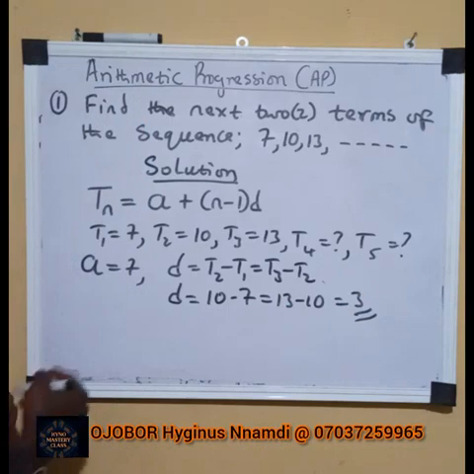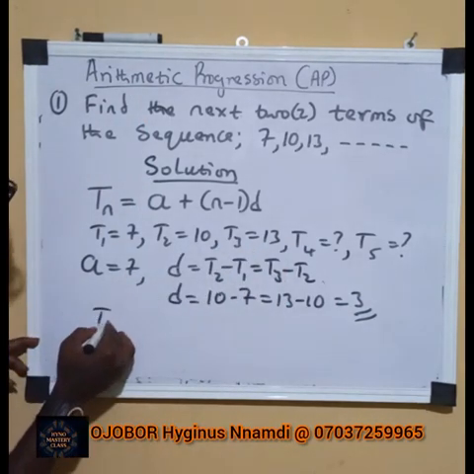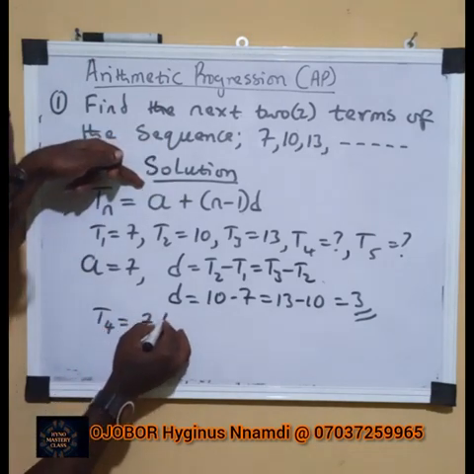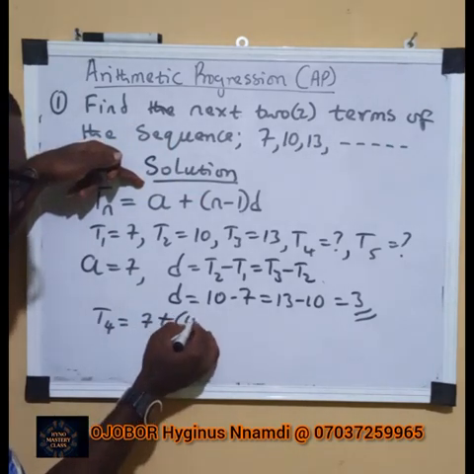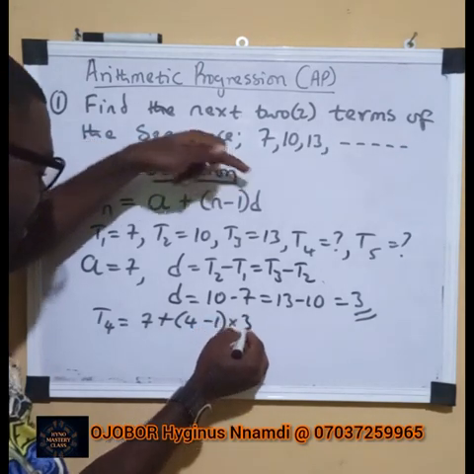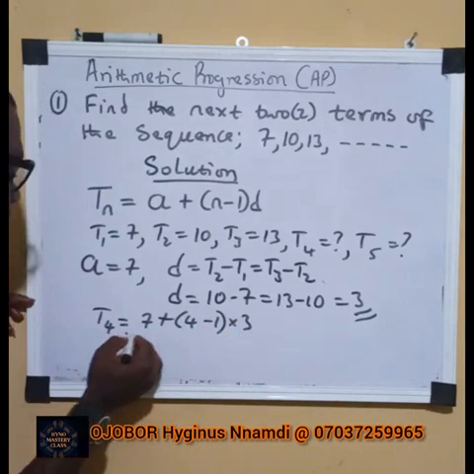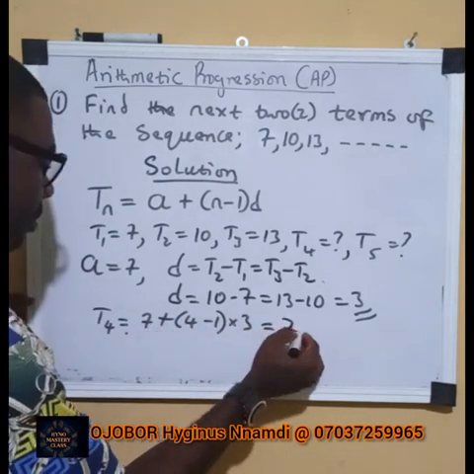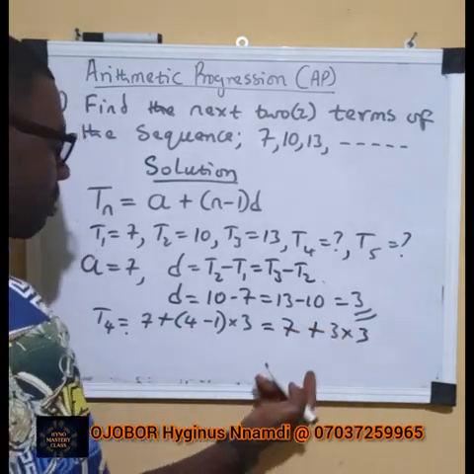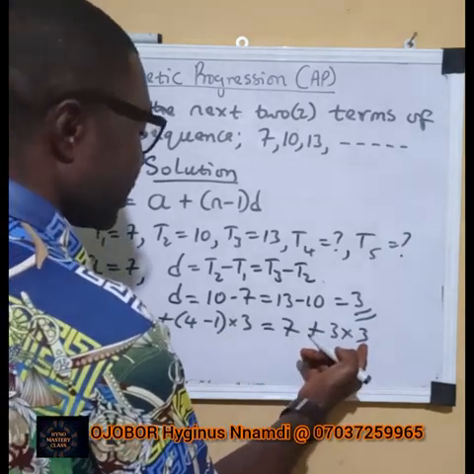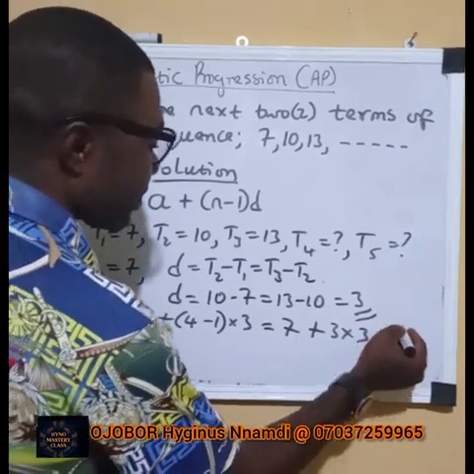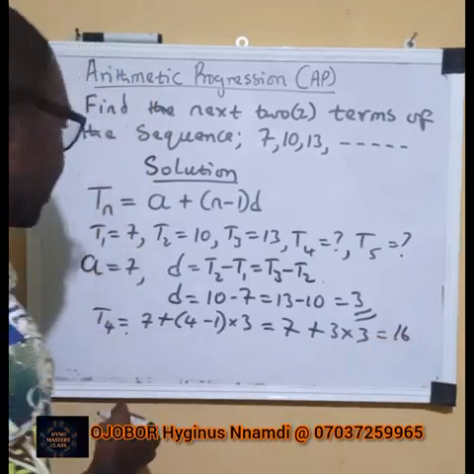Having gotten that, the fourth term, T4, is going to be equal to the first term, 7, plus 4 minus 1, multiplied by d, 3. 7 plus 4 minus 1 is 3 times 3. Of course, in your basic maths, you do multiplication before addition. 3 times 3 is 9, plus 7 is 16. So the fourth term is 16.